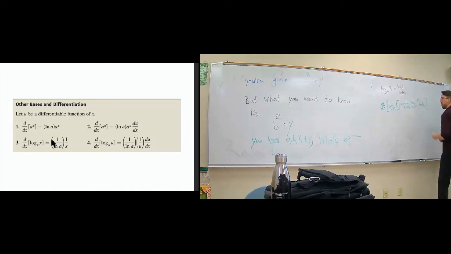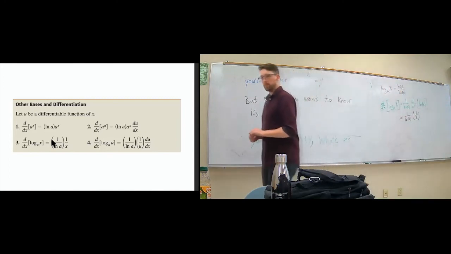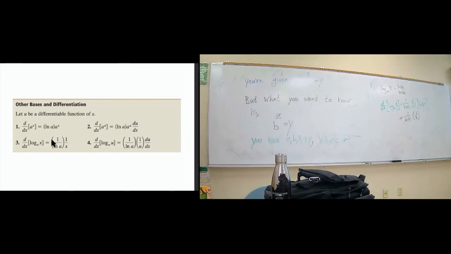So this is all going to come out to be 1 over the ln of a times 1 over x. So to get this, we have to use the change of base formula. And then our other two rules are the chain rules, right?